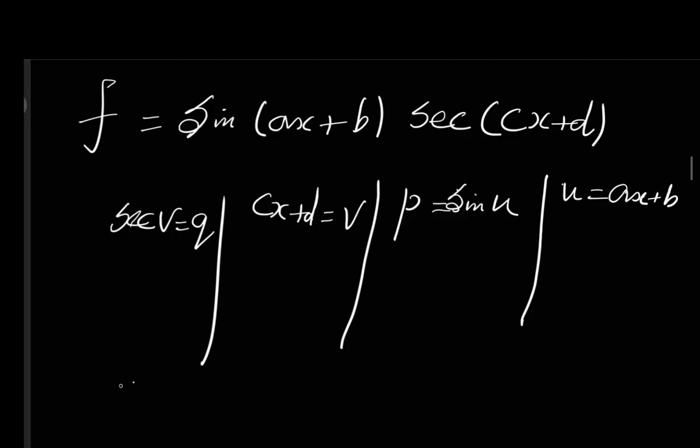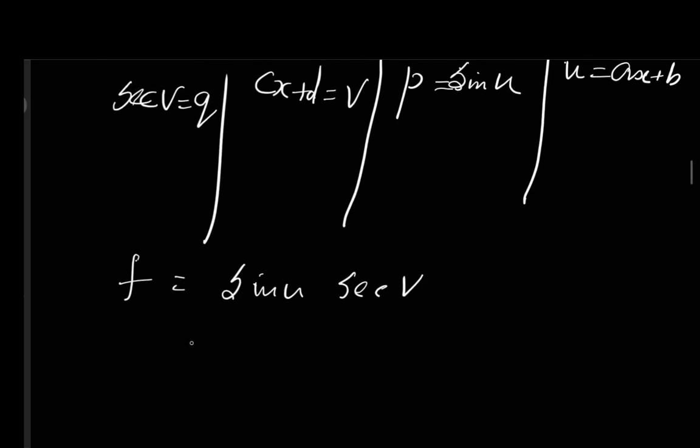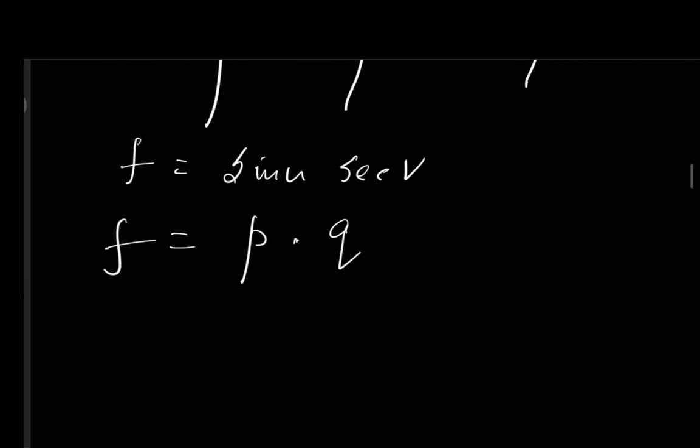Therefore our function f becomes sine u, which I taken as p, into secant v, which is q. This is your f.